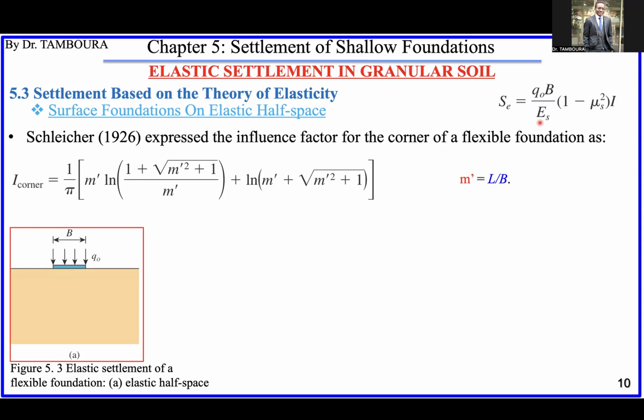Okay, but remember, this is just at the corner. But sometimes, as you saw from the beginning, the settlement of a flexible foundation is not uniform. Okay, the center of the footing has the highest amount of settlement, so you have to try to get the amount of settlement at the middle of the foundation. So this one is just giving you for the corner. It's not enough.